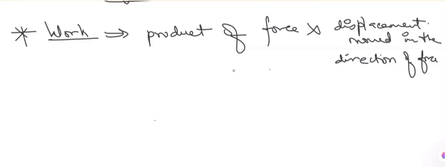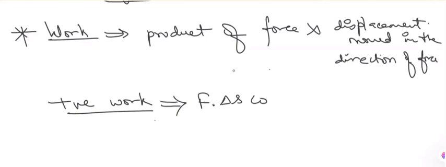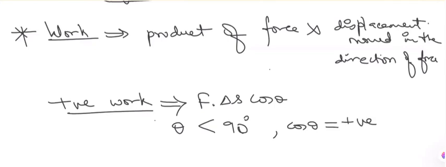Great. Now after this we have the types of work. So there is positive work done. When do we get the positive work done? The formula is F dot delta S, that is F delta S cos theta. So when your theta is less than 90 degrees, then your cos theta is said to be positive, and hence the work done is also positive.